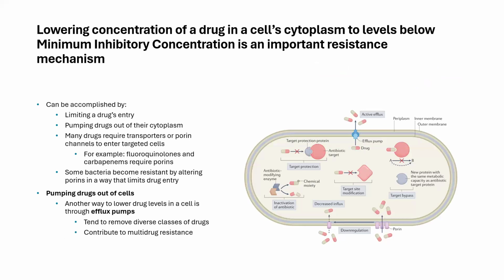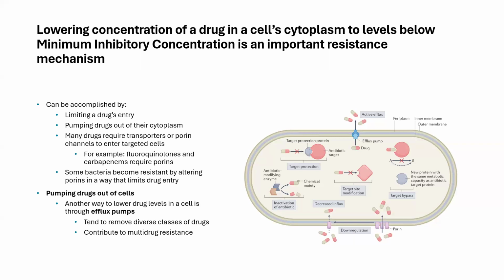Now, you can always lower the concentration of the drug. This can be a very effective way of limiting the amount of drug entering the cell. We can do that through actively effluxing the stuff out of the cell, or by limiting permeability. One example here is that fluoroquinolones and carbapenems require porins to enter into the cell.